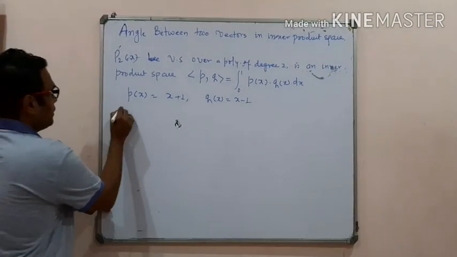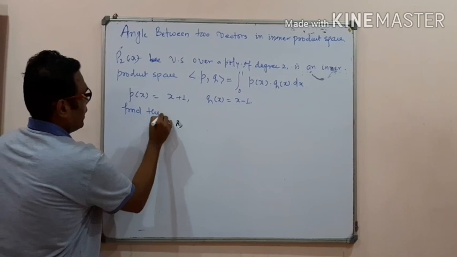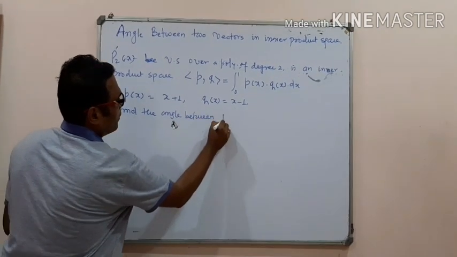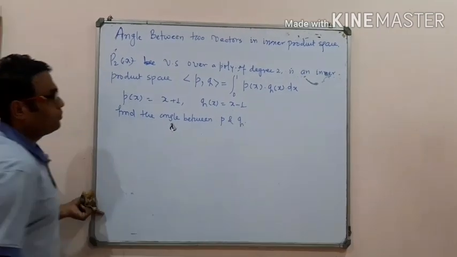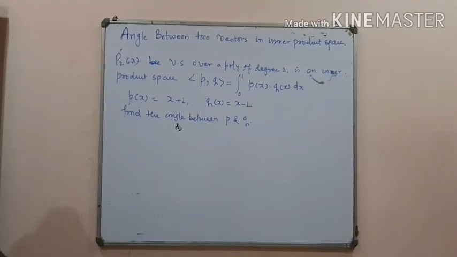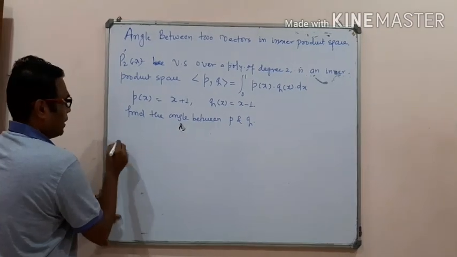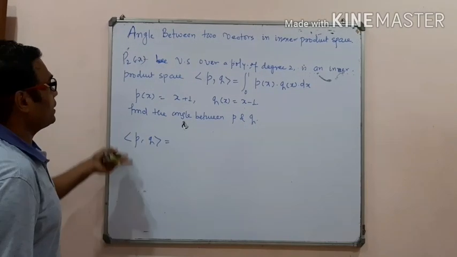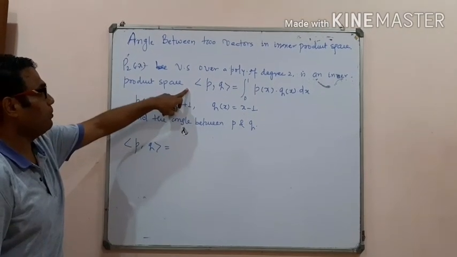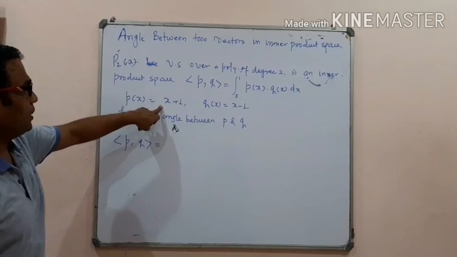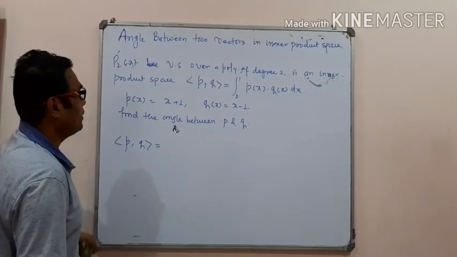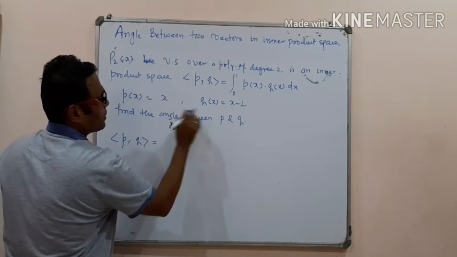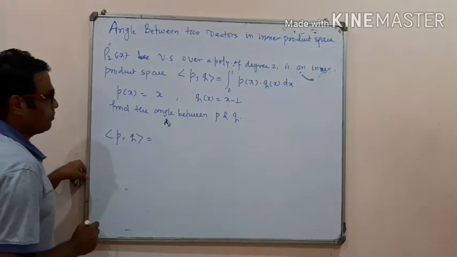Now find the angle between P and Q. Here we take a different problem. First we calculate the inner product of p, q, because p(x) and q(x) are both polynomials whose degree is less than or equal to 2, and the value of x is defined between 0 to 1.